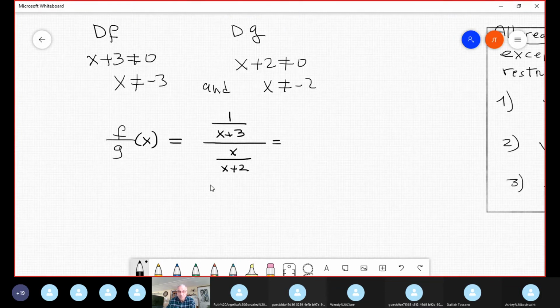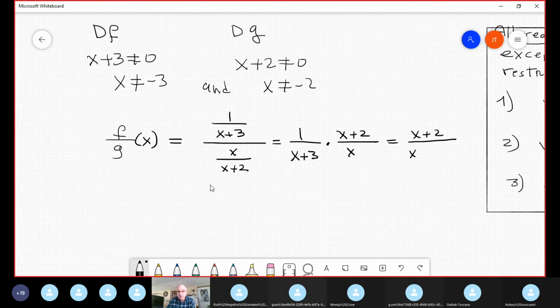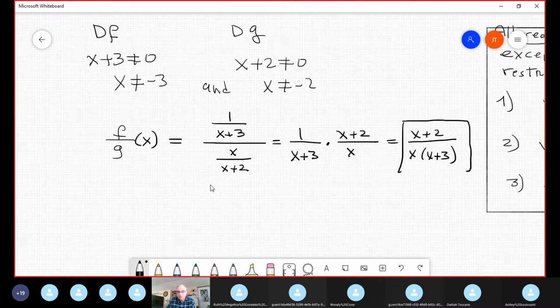Okay, division is super easy in algebra. You copy the top expression, times, and flip the second. Now our expression is x plus 2 in the top, x times (x plus 3) in the bottom. End of the story. This is the function that is formed by dividing the two functions. So what is the domain?